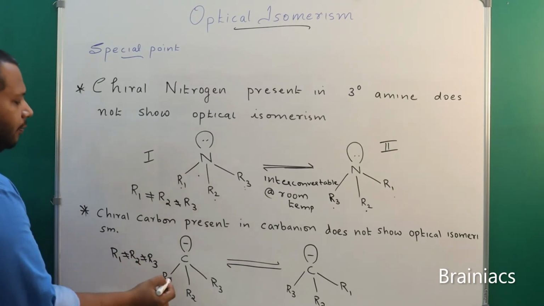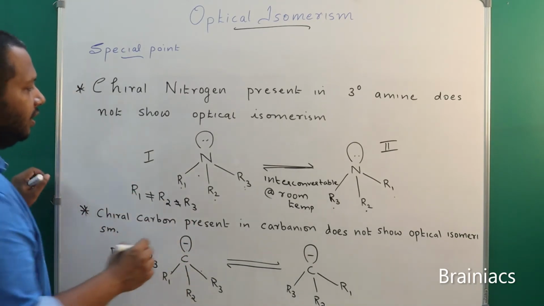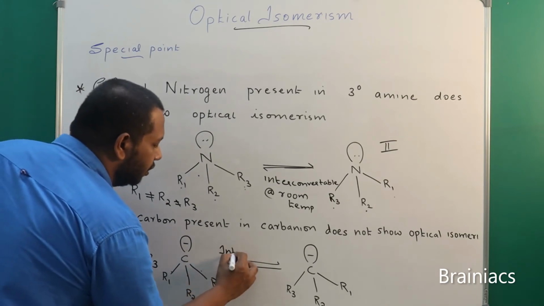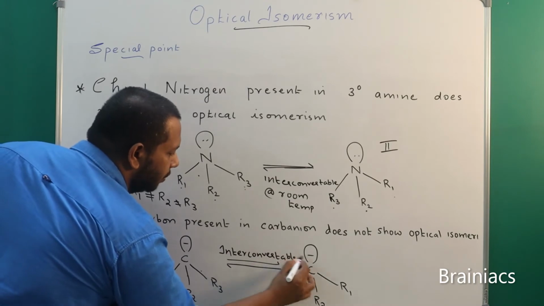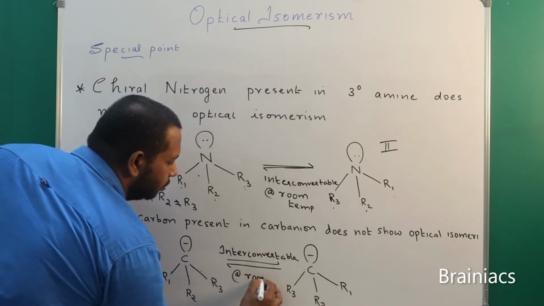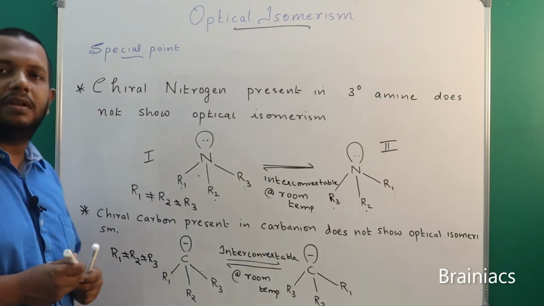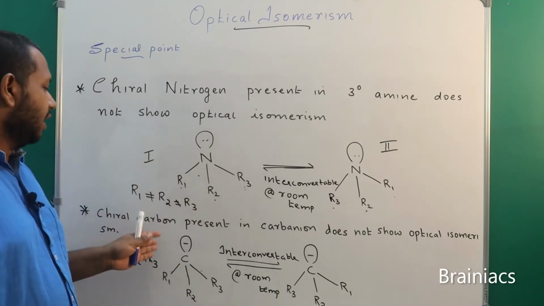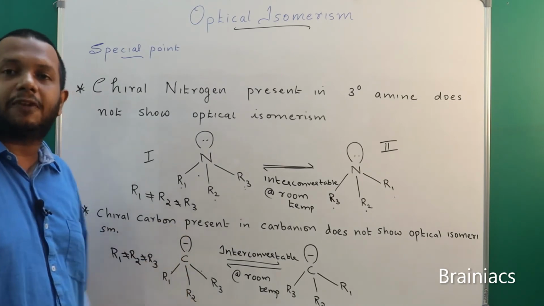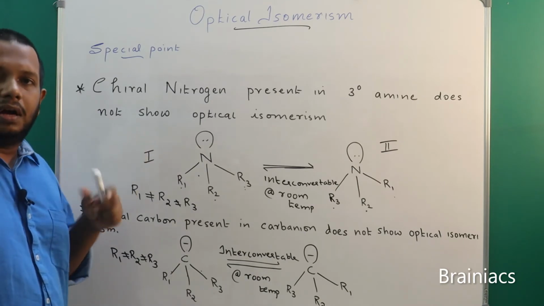We may feel all four valencies are different, but the reason is the same: this is also interconvertible at room temperature. Clear? Very important. Please remember 3-degree amines having different alkyl groups will not show optical activity, and a carbanion with a negative charge and three different alkyl groups also will not show optical activity. I hope this is clear.